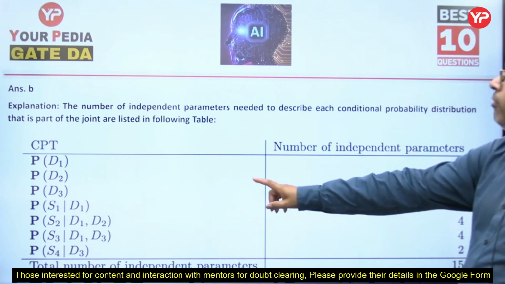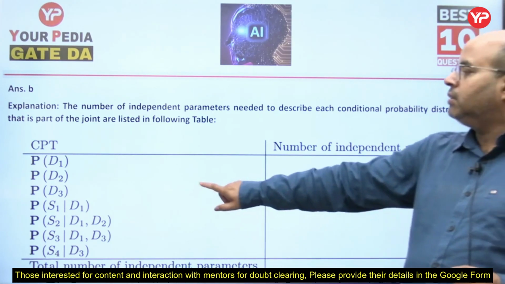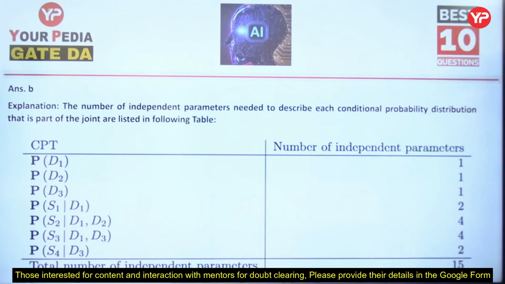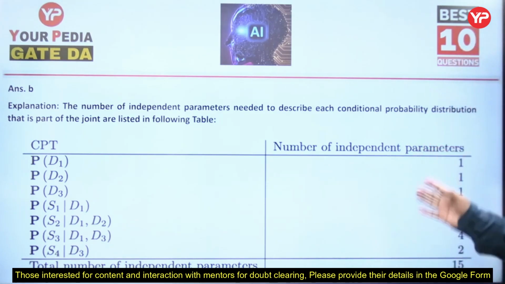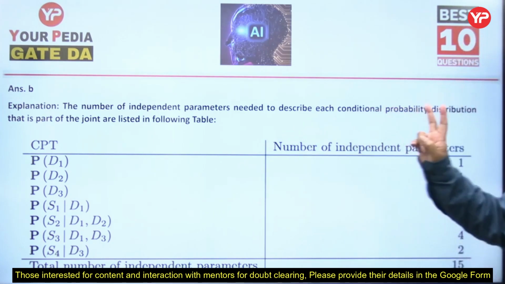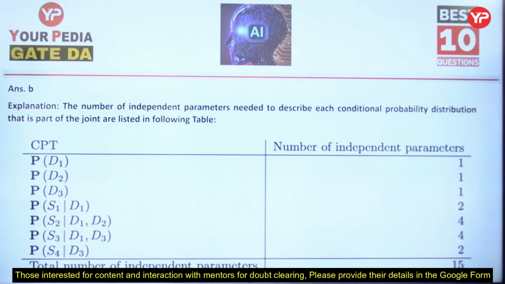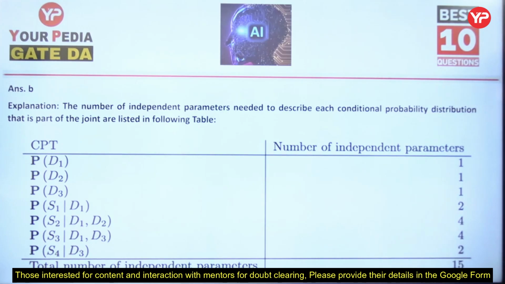There will be 4 independent parameters: both wrong, both right, D1 right and D2 wrong, or D2 right and D1 wrong. So D1, D2 combinations, 2 to the power 2, which is 4. Similarly D1, D3 combinations, 4.